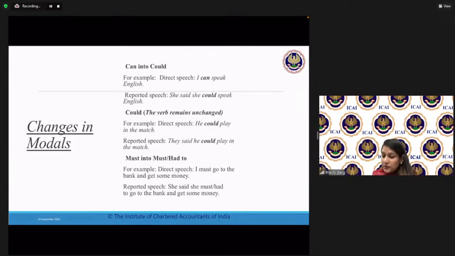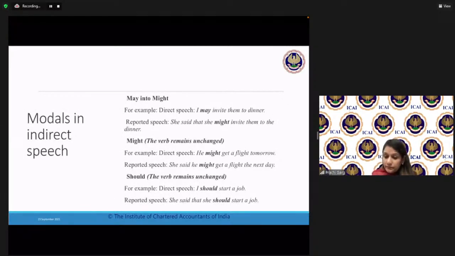He could play in the match. They said he could play in the match. I can speak English. She said she could speak English. Clear? May will change into might. I may invite them to dinner. She said she might invite them to dinner. Nothing else changes. It's only these words that change.